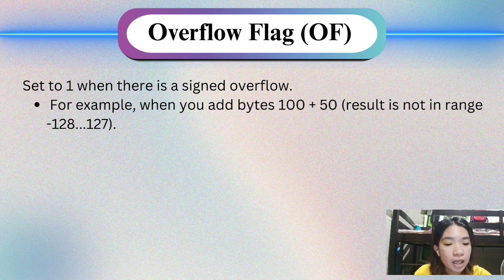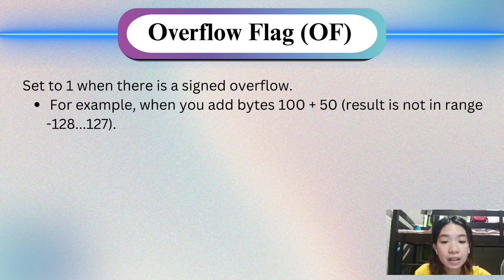The purpose of it is to help detect signed overflow conditions. For example, adding two large positive numbers that result in a negative number will set the OF, or overflow flag. This flag is crucial for ensuring the integrity of signed arithmetic operations.